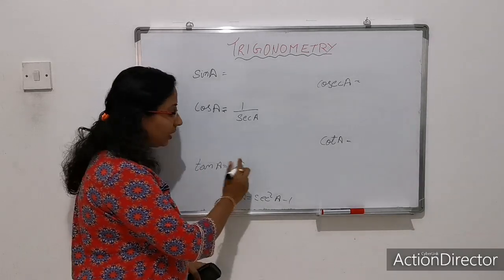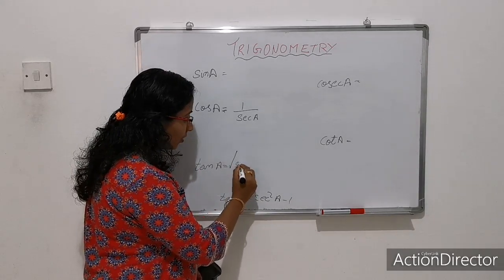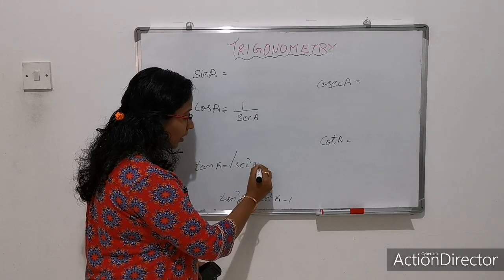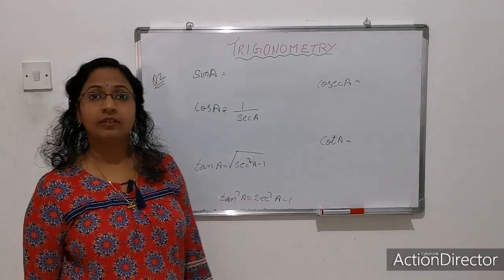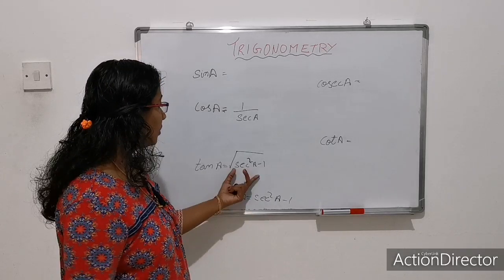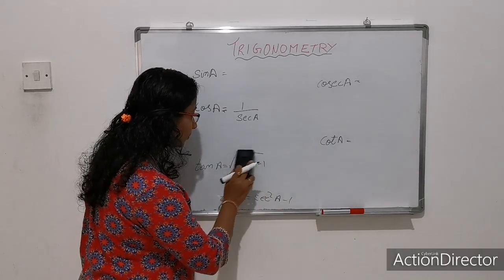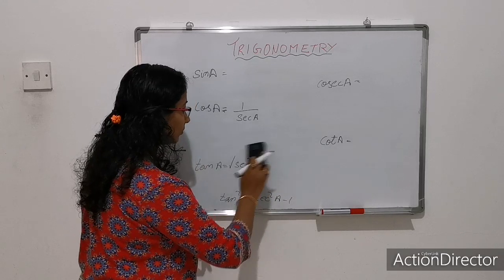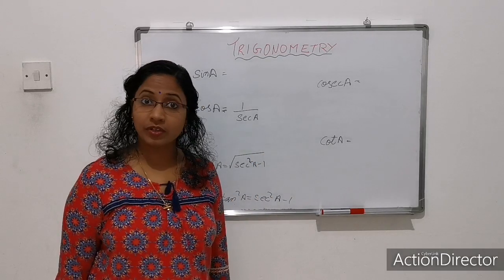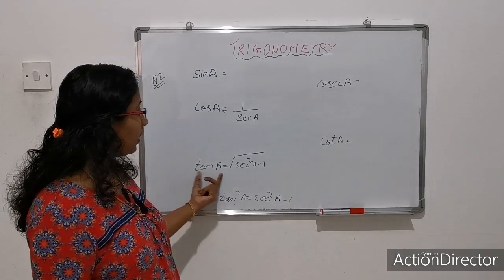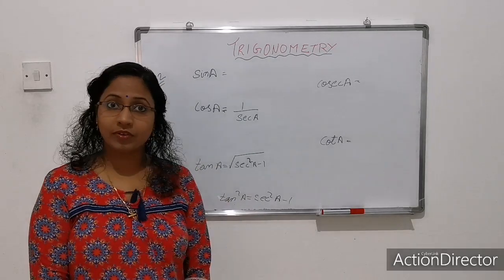So tan A will be root of sec square A minus 1. Clear? Now tan A is root of sec square A minus 1.